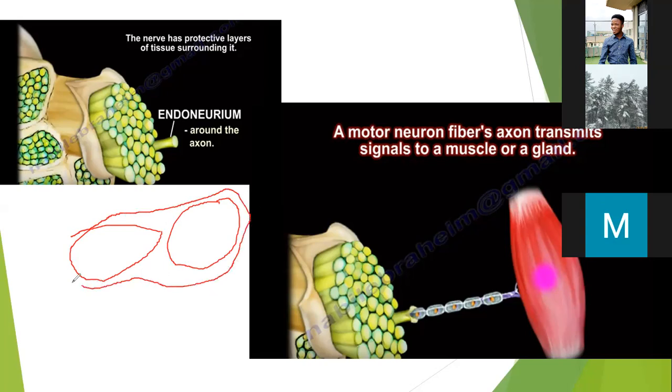And usually these large bundles are not many. You can have a nerve having only one big bundle or two big bundles. Occasionally you may have a third small one, but usually they are not many.